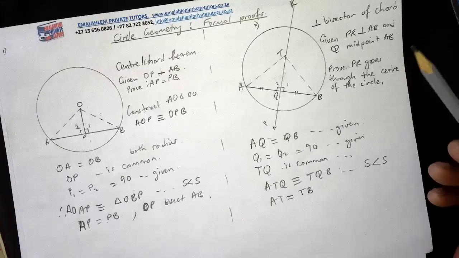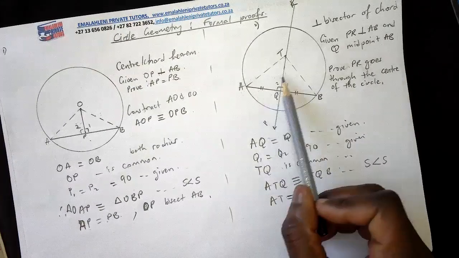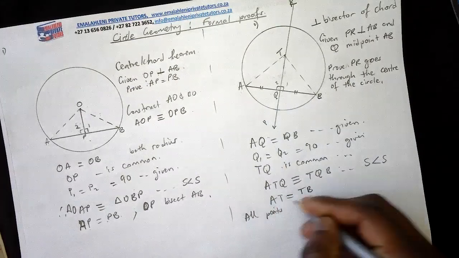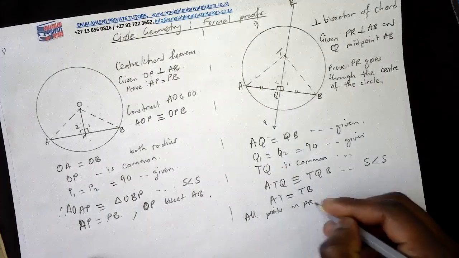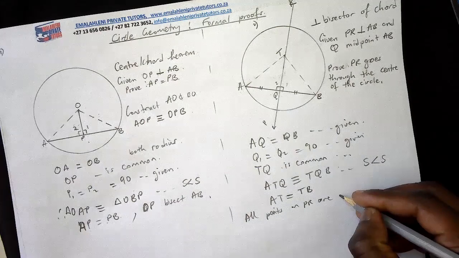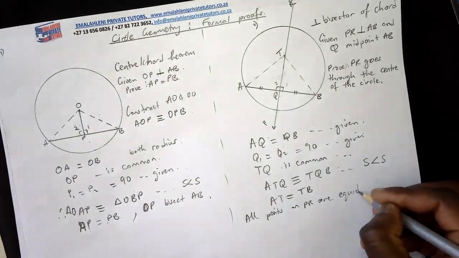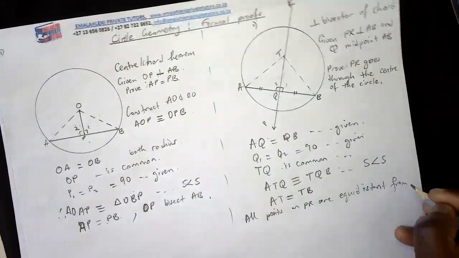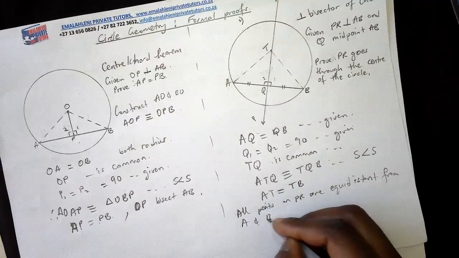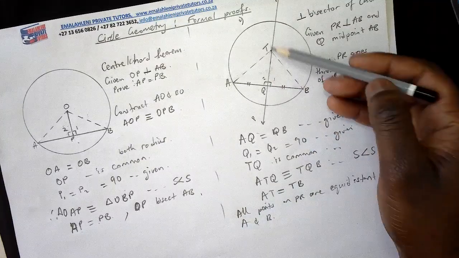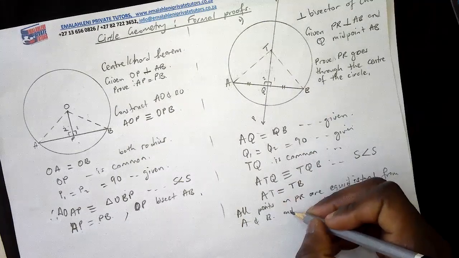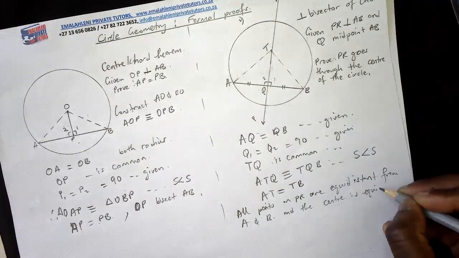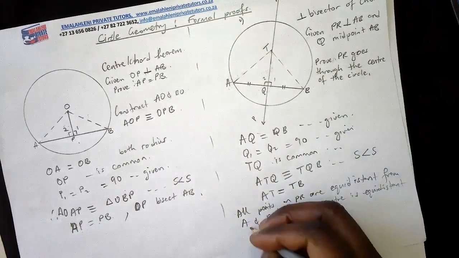So in other words, we are saying all the points on PR are equidistant from A and B. So they are all equidistant from A and B. And also the center is equidistant from A and B, that's what we know.